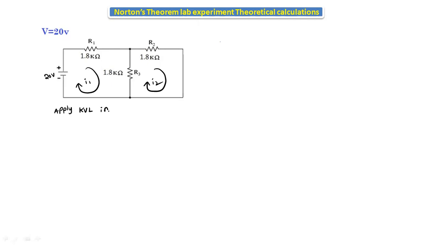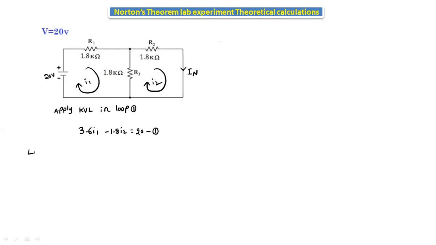Assume that the current passing through this branch is the Norton's current IN. If we apply KVL in loop 1, we will get 3.6 into I1 minus 1.8 into I2 is equal to 20. This is equation number 1.